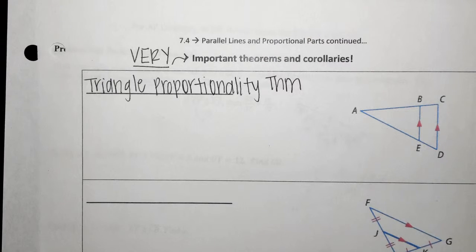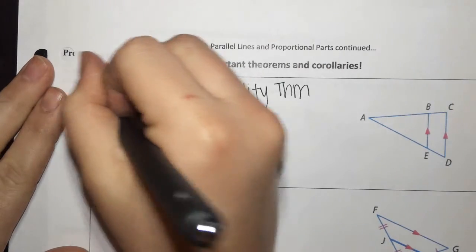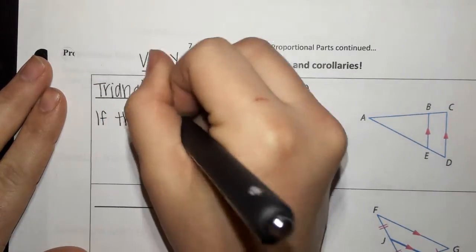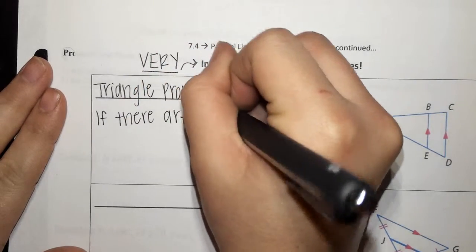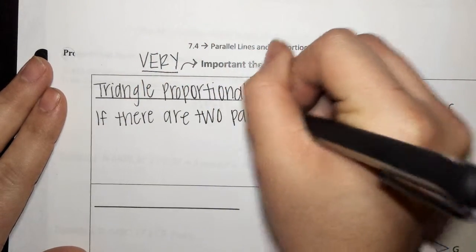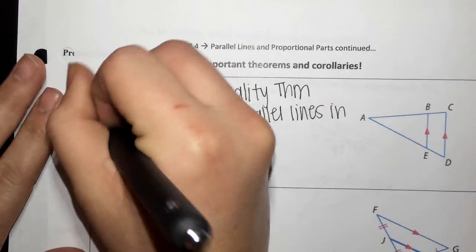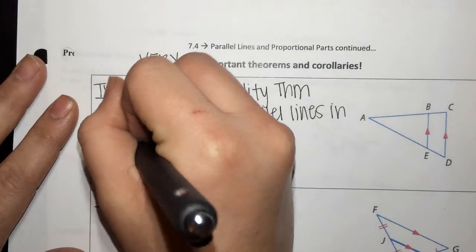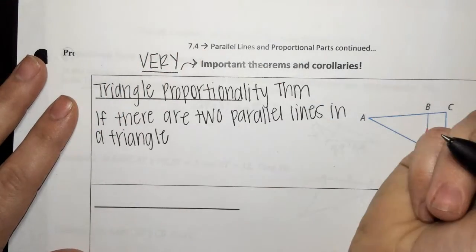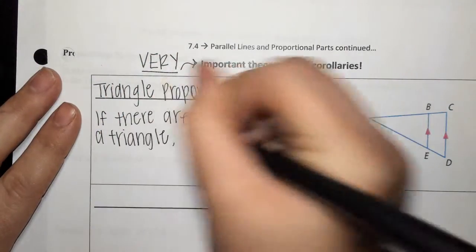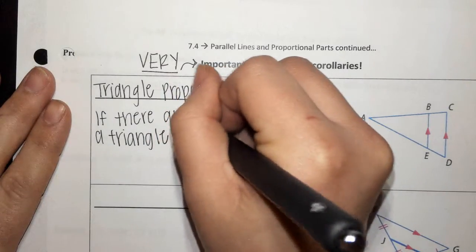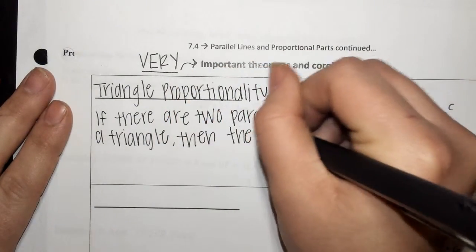Okay, so let's break this down. If there are 2 parallel lines in a triangle, is all that good? Is that sentence a doable sentence? If there are 2 parallel lines in a triangle, then the sides are what?